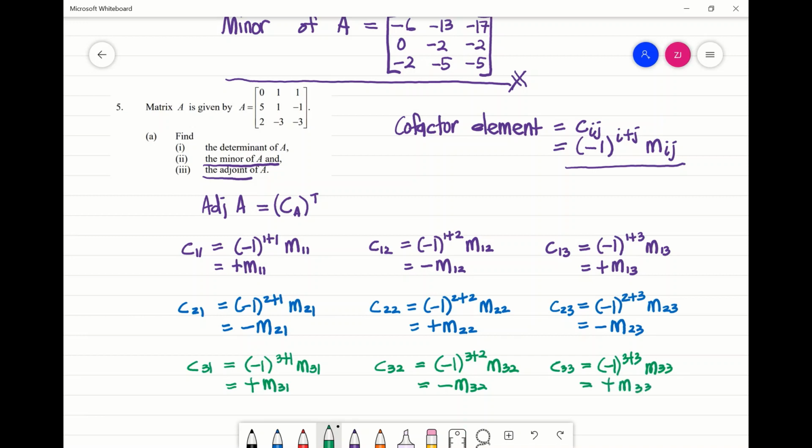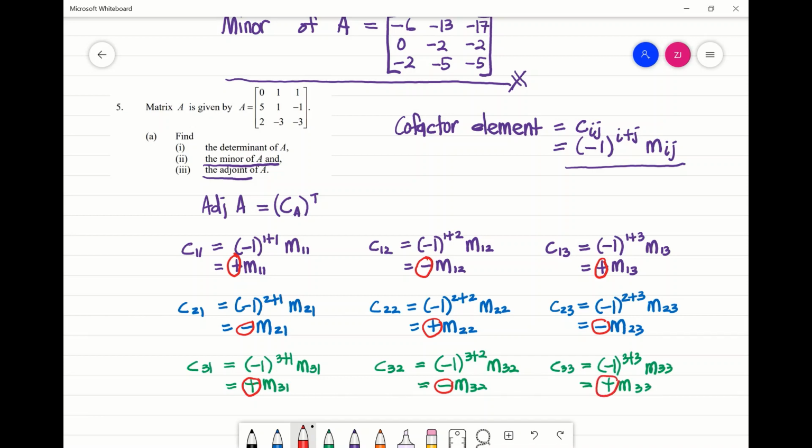Okay, if you notice, the signs here are all alternating. So it begins with positive, followed by negative, and then positive, negative, positive, negative, positive, negative, and lastly positive.